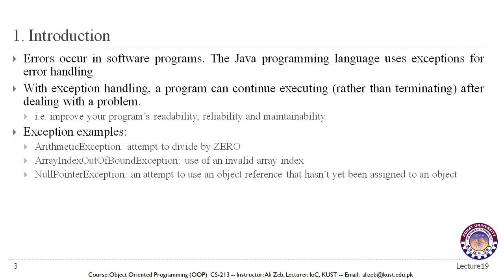It is an attempt to use an object reference that hasn't yet been assigned to an object, and we get this error quite often. File not found exception, when we try to read a file that is not there at the location that we have provided to our program, then this is the kind of error that might occur.